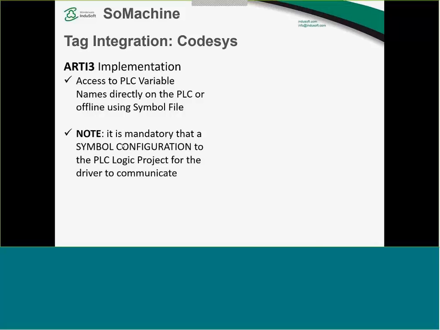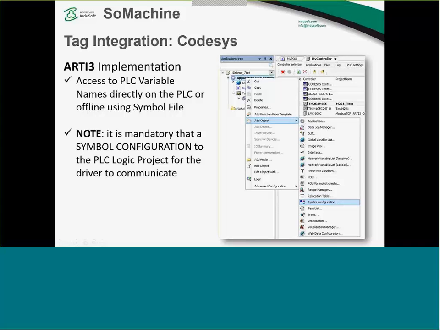If you're using PLC Handler or OPC server with Codesys, you always have to have the symbol configuration. To add it, on your project you right-click, add object, and you're going to find the option to insert a symbol configuration into your Codesys project, in this case the Codesys that runs inside the SO machine.